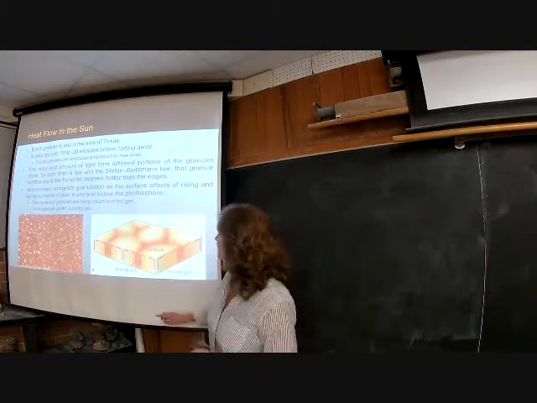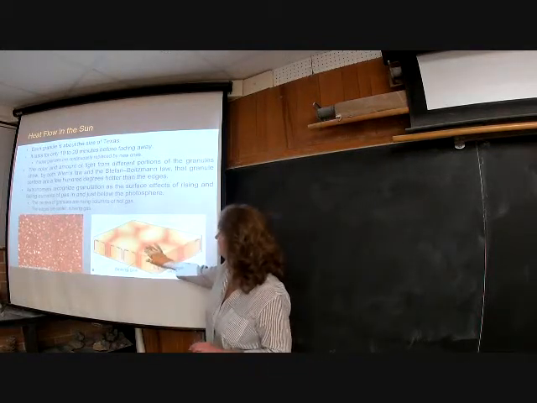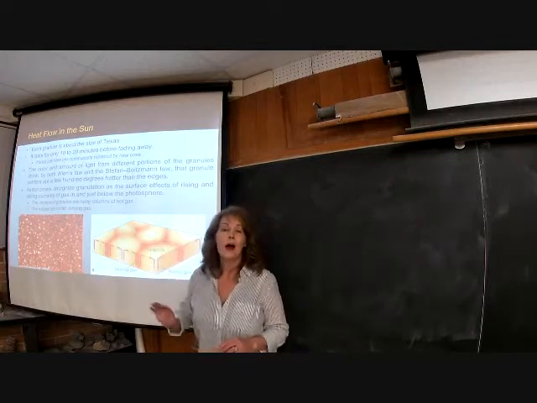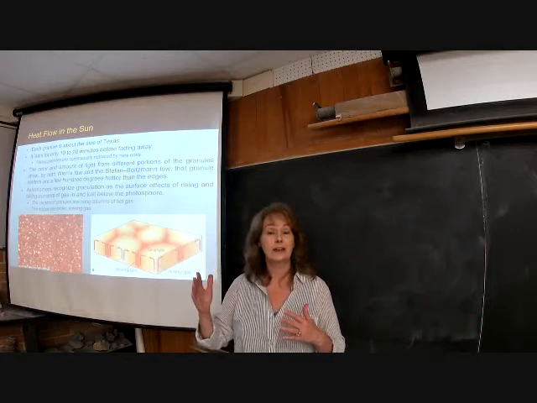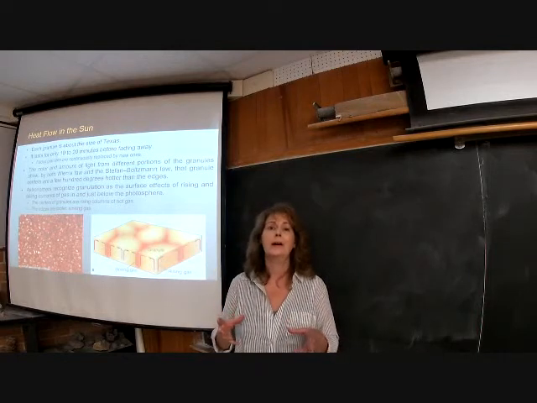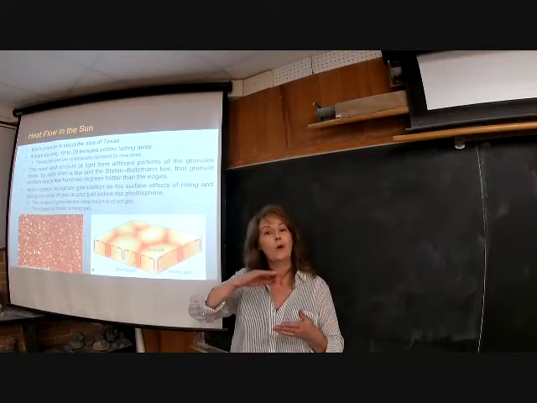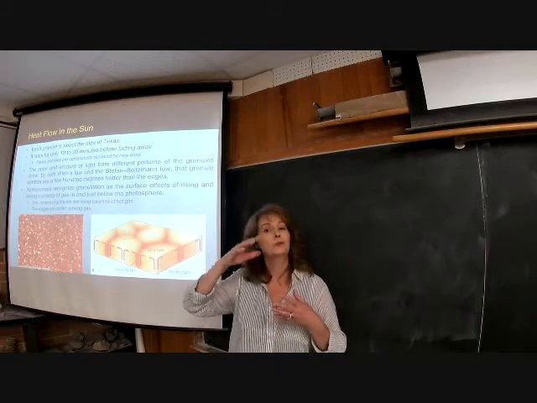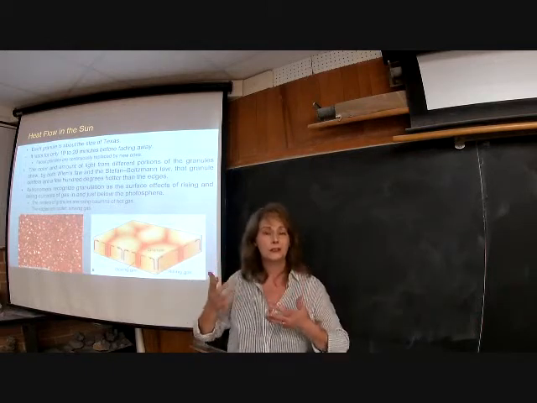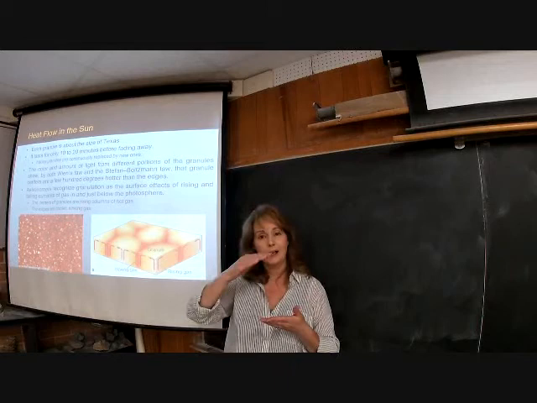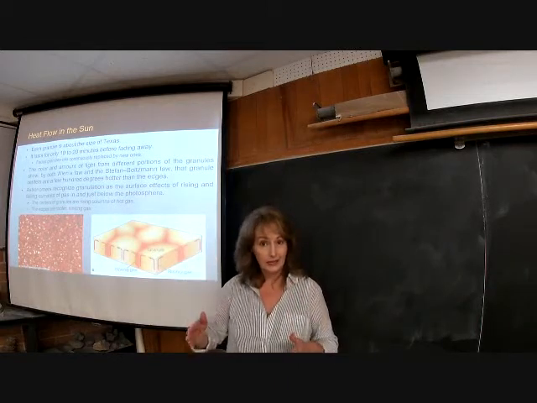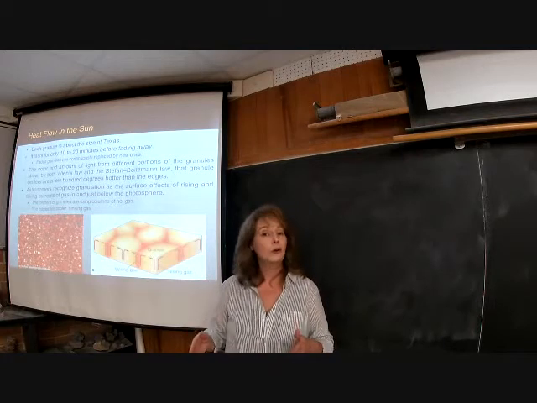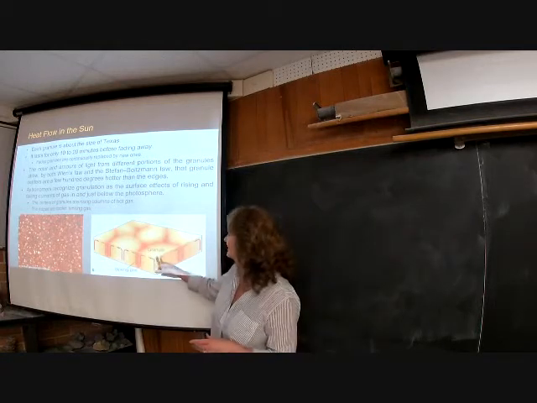Yeah, right here. The granular bright spots are where there are rising hot currents of gas. Think of a boiling pot of water, how the water begins to rise as it heats up, right? Hot rising gas will rise up in a current, and then it'll get a little bit cooler and sink back down. So cooler gas is going to sink back down.